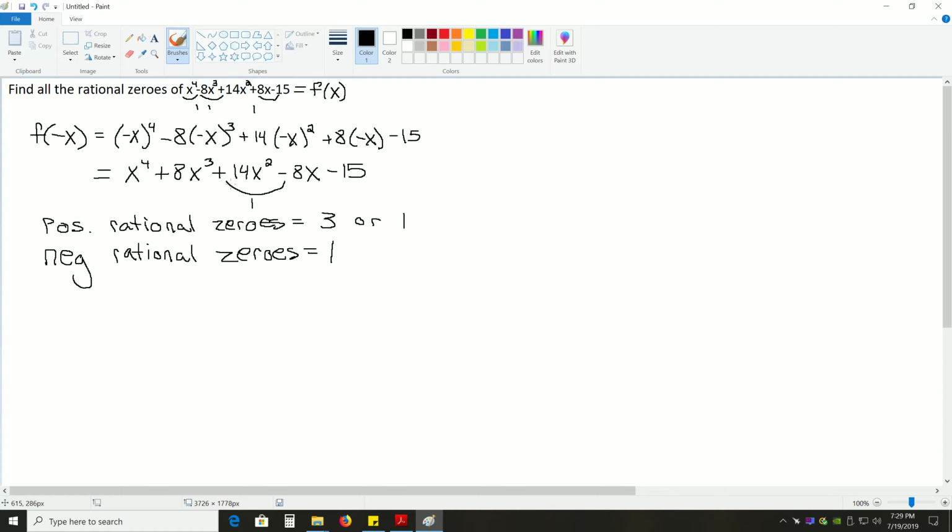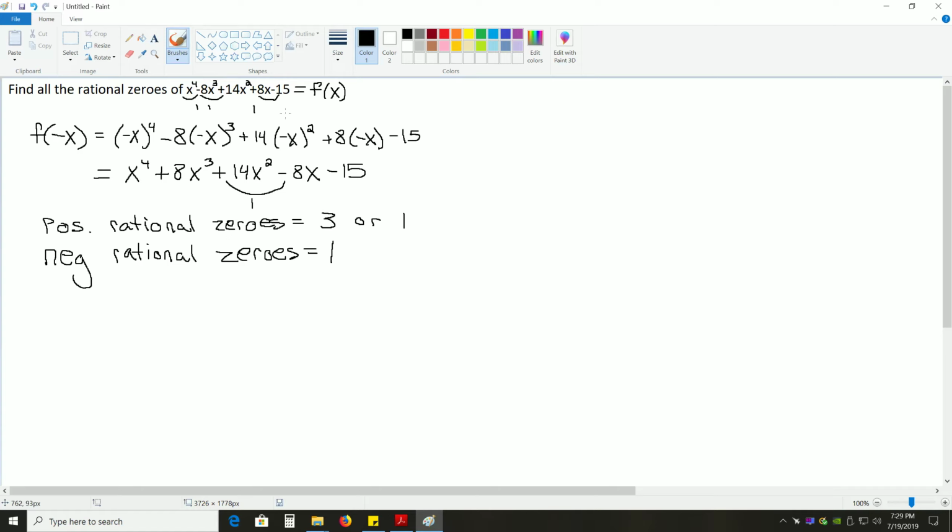So because there was only 1 sign change, there is exactly 1 possible negative rational zero. We cannot subtract 2 from it because again that would leave us with a negative amount, which is impossible. So we know we will have exactly 1 negative rational zero. Okay, so going back to the original problem, we now need to check what the possible rational zeros are.